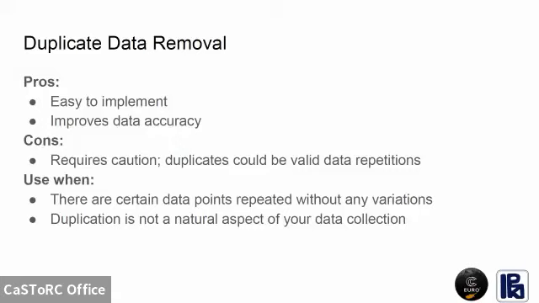How you can identify them is very easy nowadays using any simple programming language, and it can also improve your accuracy, because you are not actually removing information, just removing duplicate information from your data. You also have to be very careful, because duplicates in some cases can be valid.